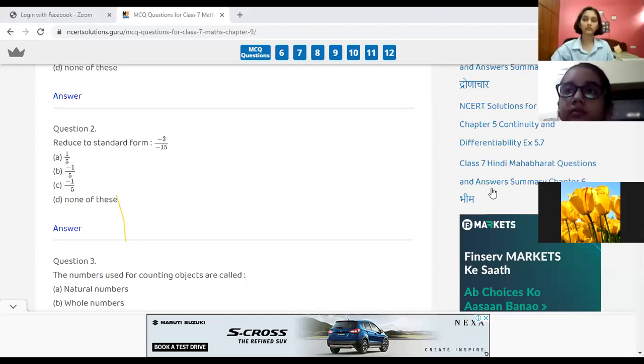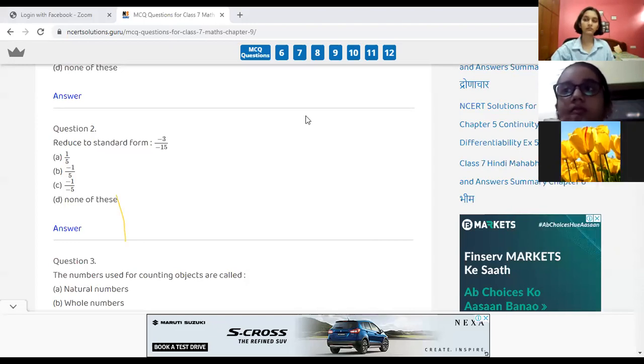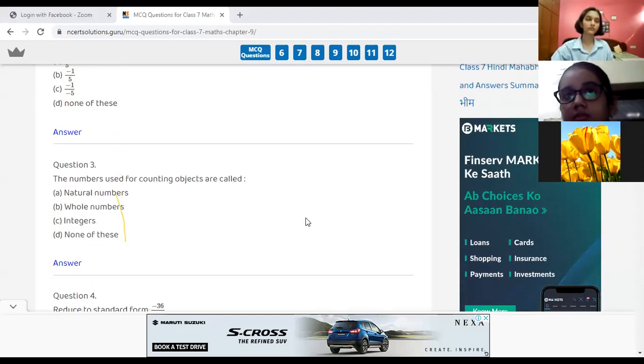Yes, in the standard form, you will cancel out the terms and make sure that the remaining terms do not have any other common factor except 1. So if you cancel out minus with minus, 3 ones are 3, 3 fives are 15. So your answer becomes 1/5. Samriddhi has already told you that.